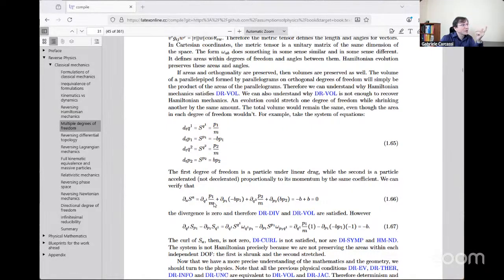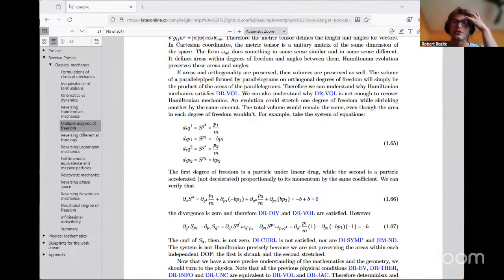For the divergence, you just take all these elements and take the derivative with respect to the same variable. This one gets a b, this one gets a minus b, and this gets a 0 contribution because these are not functions of q1 or q2, and so the divergence is 0. Therefore, DR divergence and DR volume are satisfied.